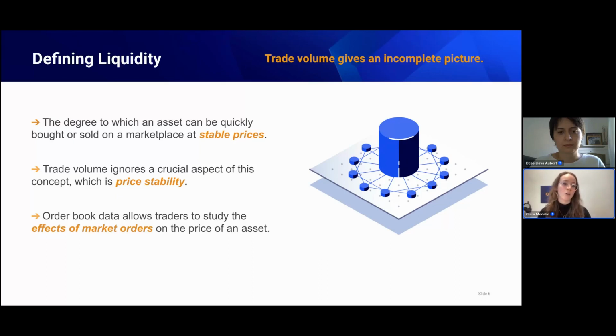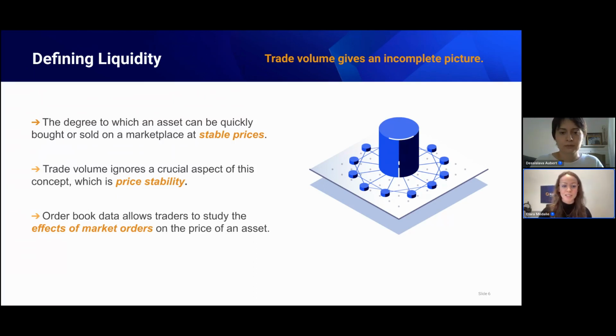So how we define liquidity is the degree to which an asset can be quickly bought or sold on a marketplace at stable prices. So it's this crucial concept of stability that is very important when you talk about a crypto asset's liquidity. And it's why trade volume gives not a fully complete picture of an asset's liquidity. You need something else.